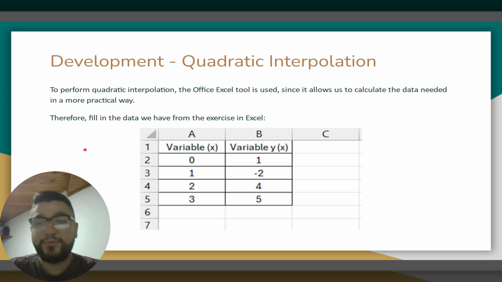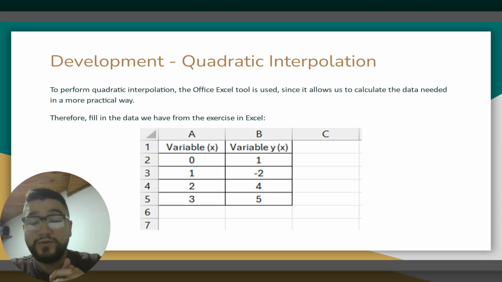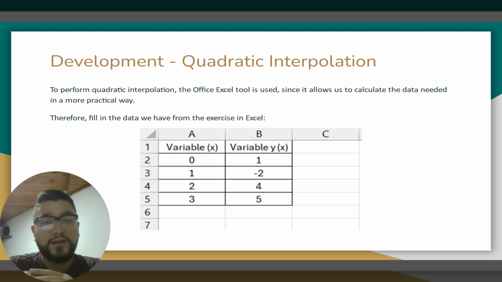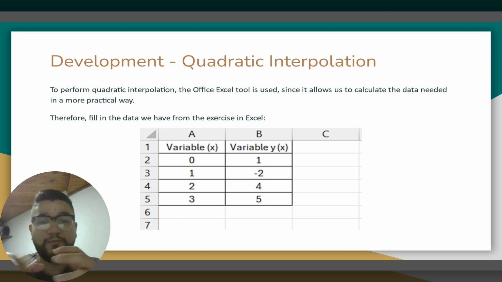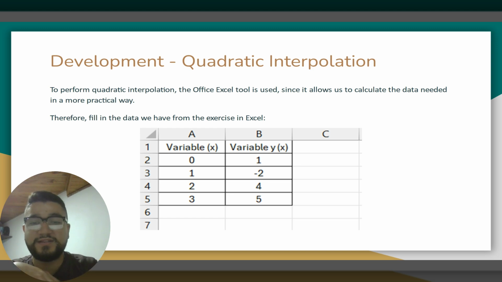Development, quadratic interpolation. To perform quadratic interpolation, the Office Excel tool is used since it allows us to calculate the data needed in a more practical way. Therefore, we fill in the data we have from the exercise in Excel.